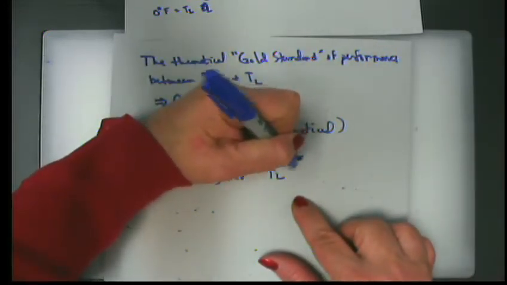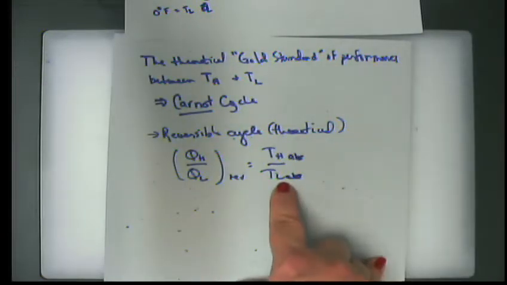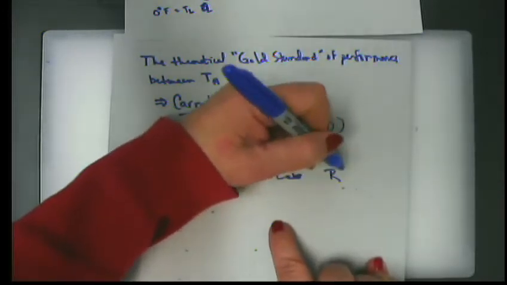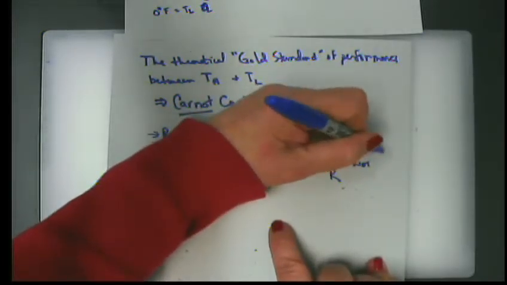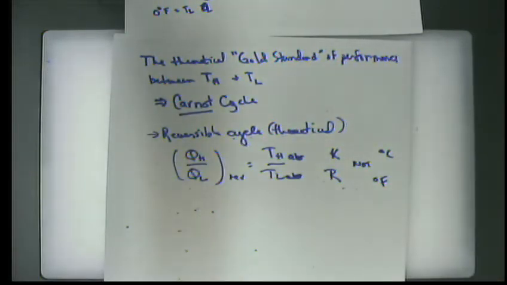But in order to do this, you have to report T sub H and T sub L as absolute temperatures. So in other words, as degrees Kelvin or degrees Rankine, not degrees centigrade or degrees Fahrenheit. Okay?